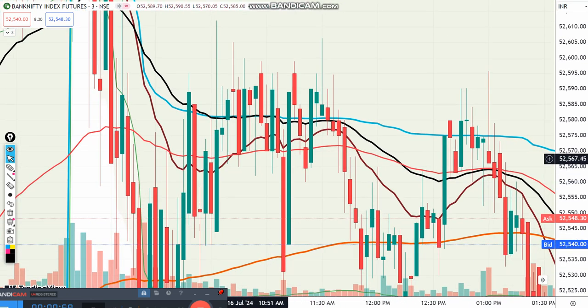Then I waited for the 21 EMA to cross the 100 EMA. It crossed the 100 EMA, but here also there was no connecting candle.